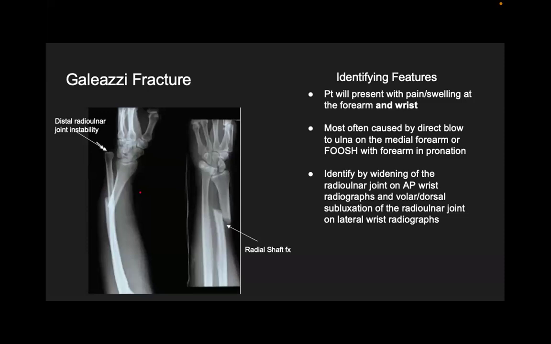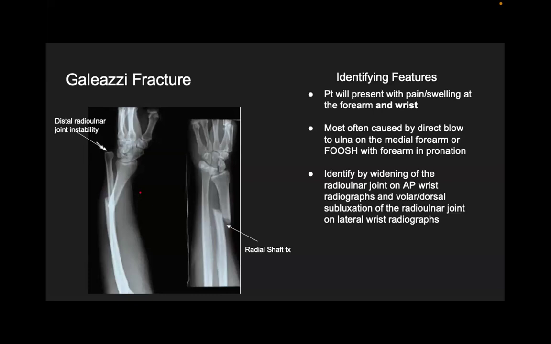Because the dislocation is now distal at the DRUJ, if you guys aren't aware, the DRUJ is where your radius and your ulna meet distally, and that's how they're able to articulate with the carpal bones. That helps provide the pronation and supination that allows you to turn at the wrist. Because you're able to turn, that's because you have that DRUJ, the bones are able to move around each other. Okay.